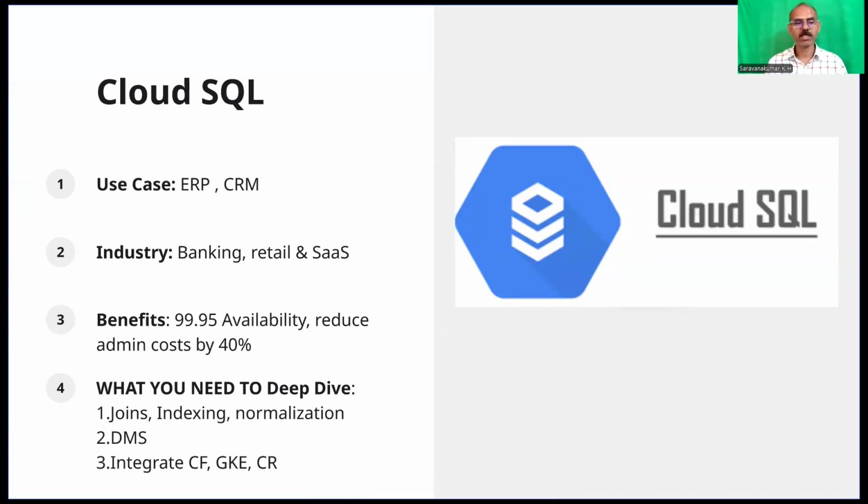Nowadays most legacy SQL Server databases are moving into Cloud SQL, cloud-native managed services, so you need to deep dive into how data migration happens. Third, you need to know how to integrate with Cloud Functions, Google Kubernetes Engine, or Cloud Run.